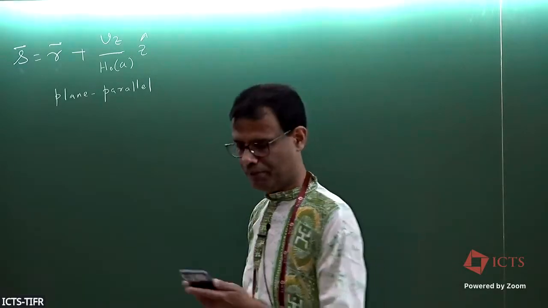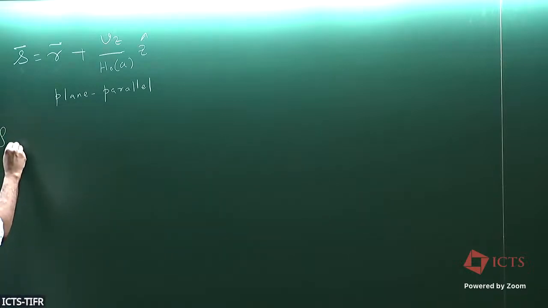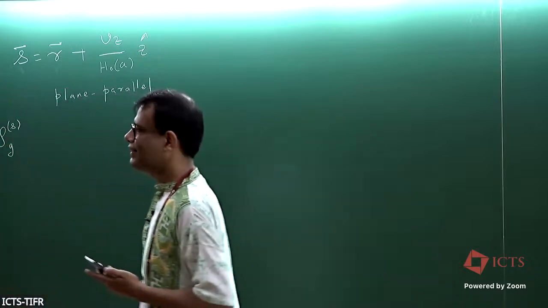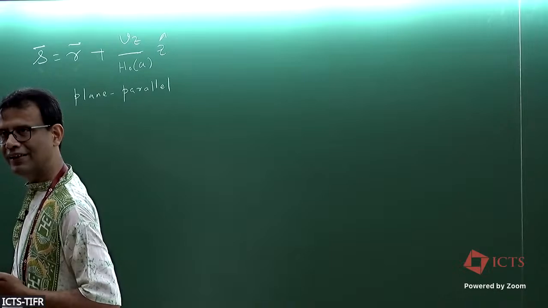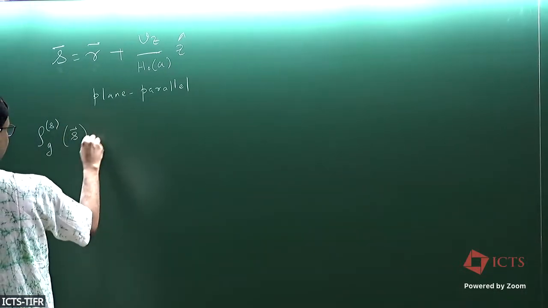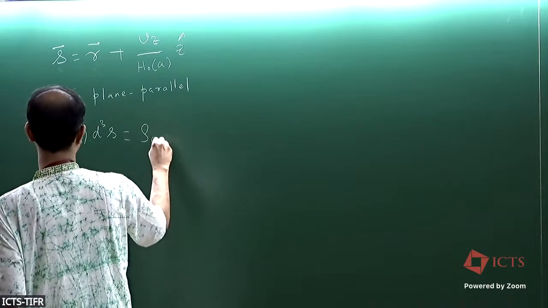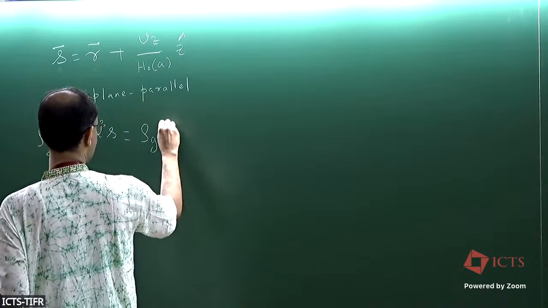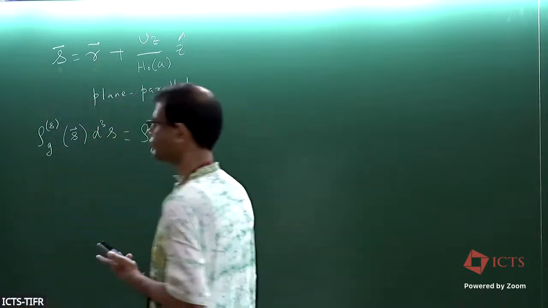So if I am observing, let us say, galaxies, and I put a superscript S saying that this density is in redshift space, in S space, rho galaxy S d cube S should be equal to rho galaxy in real space, so I am not putting anything here, d cube R.